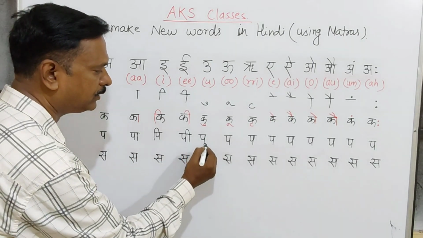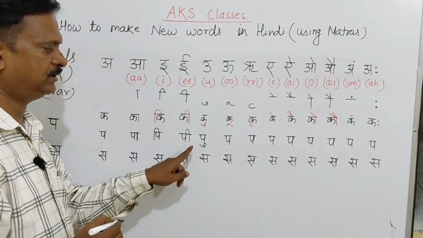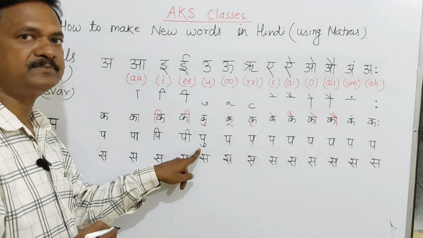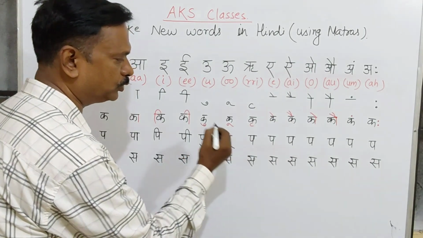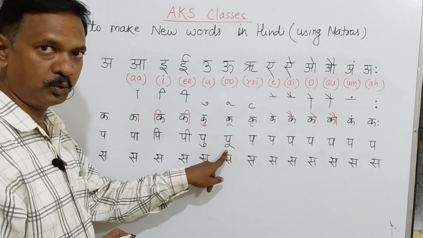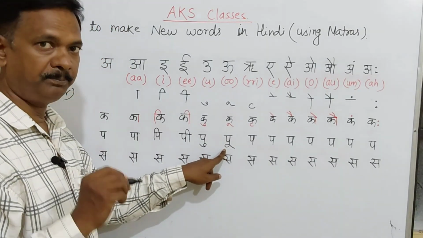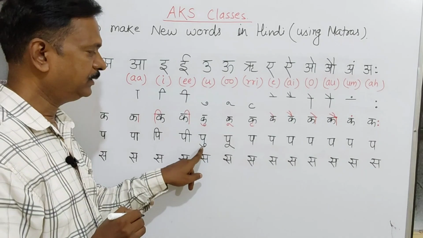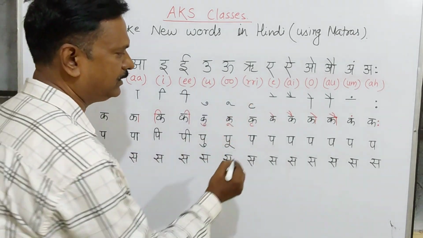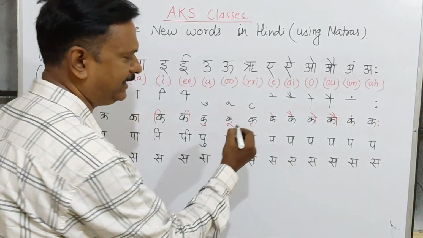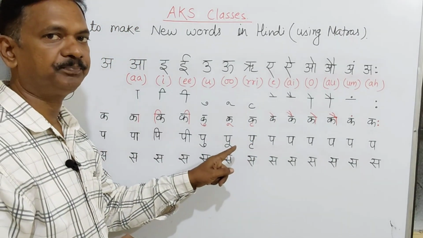Now, if we add this matra here, it becomes pu. And the big one, the matra for the big u, that is poo. Now, the matra for ri, we add like this. Now it becomes pri.